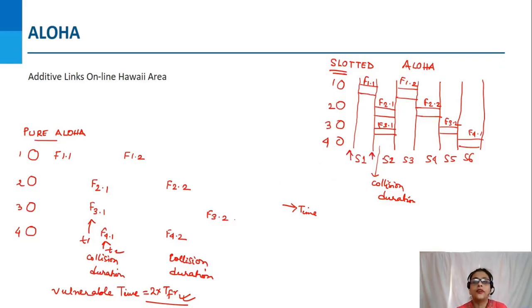So here and here they can transmit. If station 4 wanted to send a frame in slotted ALOHA, it cannot send at this instant of time, but it has to wait till the next slot comes. Here also we can have collision, but the collision possibility is lessened as compared to pure ALOHA. The vulnerable time here is equal to TFR, or the time to transmit a frame.